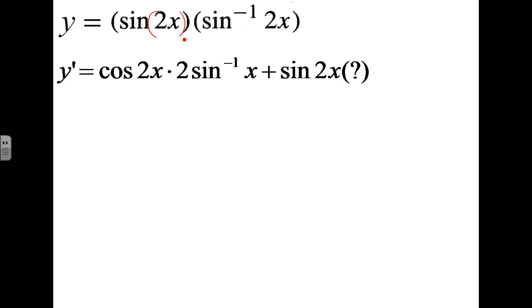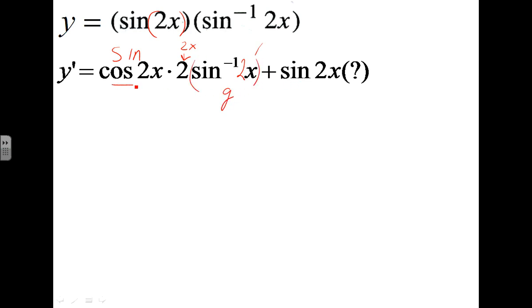Derivative of sine of 2x. Got to use the chain rule and the trig rule. Derivative of sine is cosine, and the derivative of 2x is 2. So this part right here is the derivative of sine, and this part is the derivative of 2x. All right. This part should have a 2 right here. And then I got the sine 2x because this is the g part.